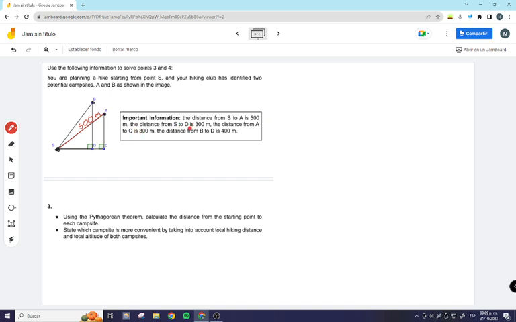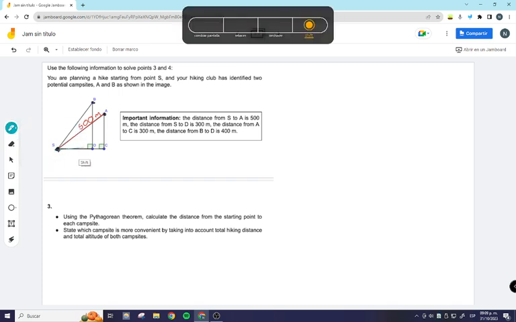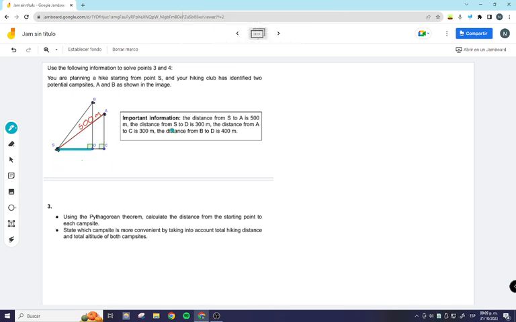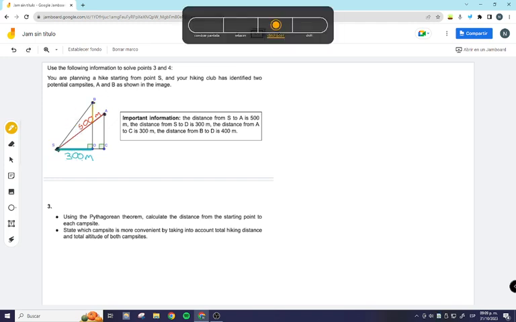The distance from S to D, I am going to put it in blue, and I am going to make it a little wide so it doesn't get lost. That is from S to D is 300 meters. And the distance from B to D, I'm going to do it in yellow.